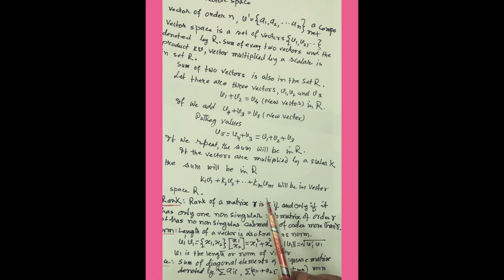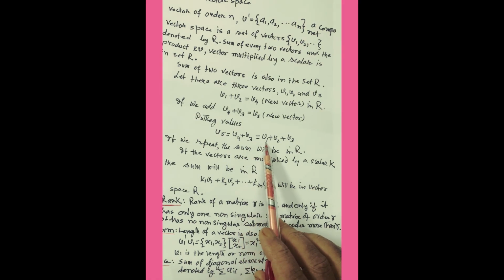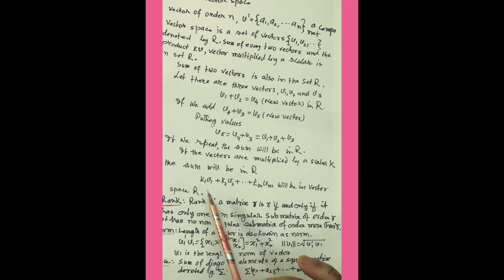Now putting values, vector 5 is equal to vector 4 plus vector 3. This is equal to, we have already got vector 4, P1 plus P2, that is vector 1 plus vector 2 plus vector 3.